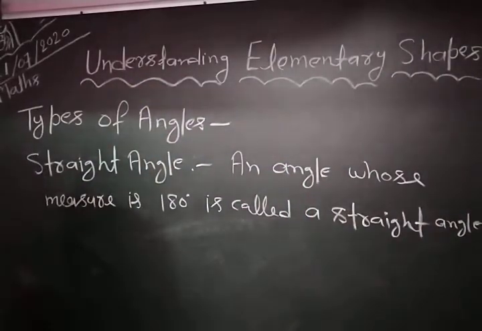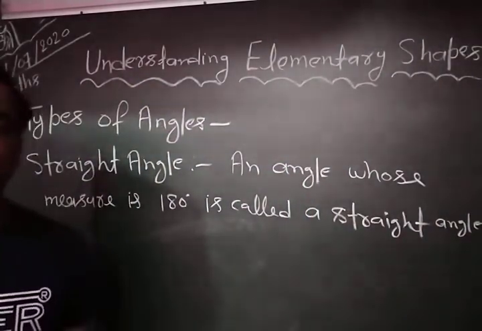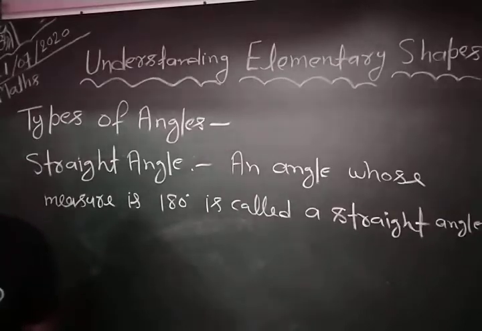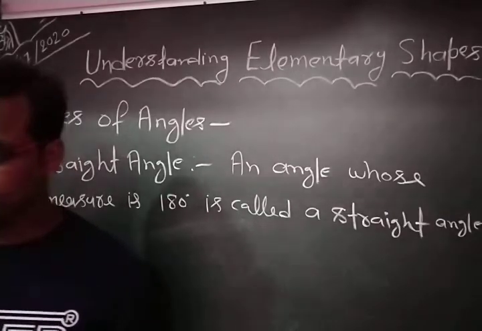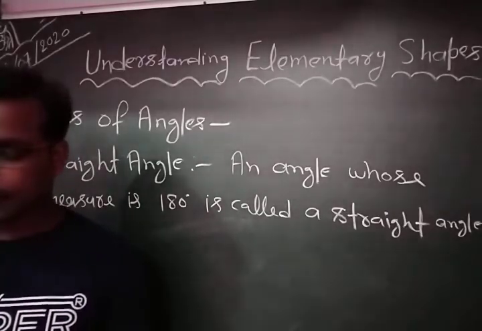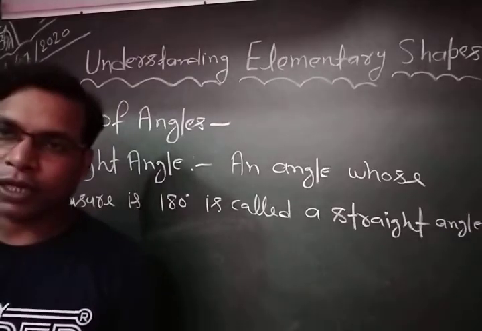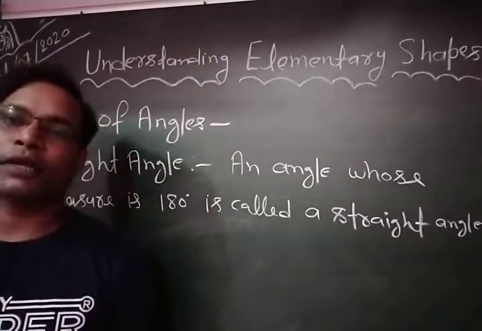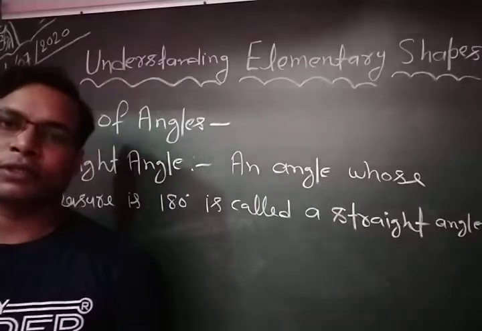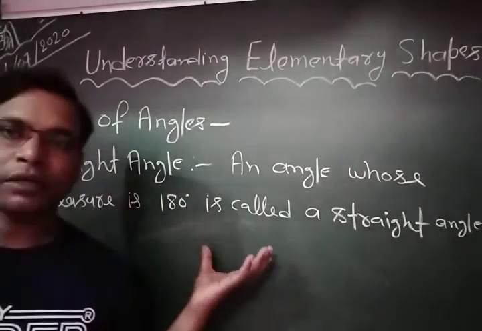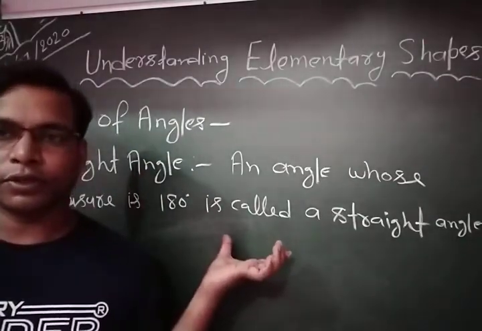Clear? What is a straight angle? An angle whose measure is 180 degrees is called a straight angle. It is also called half turn or half revolution, half turn or 1 by 2 revolution.